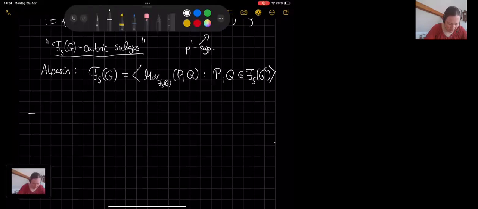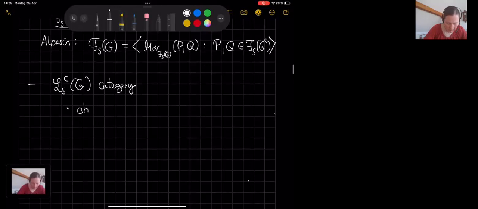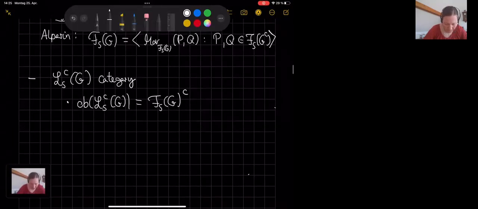And now the category L_S^c(G) is the category where as objects we just take the set F_S(G)^c.